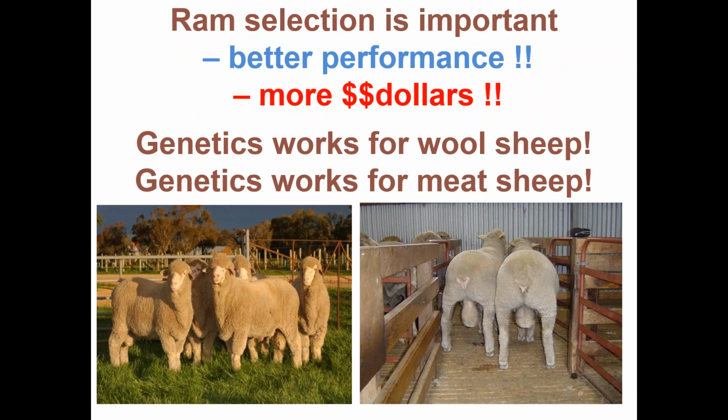Today I'm going to be covering the process as either wool sheep or meat sheep producers would do it. It's really quite a similar process, obviously different traits involved. But the first thing is I just want to briefly say that it is all about making money.